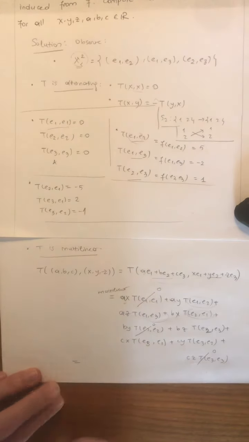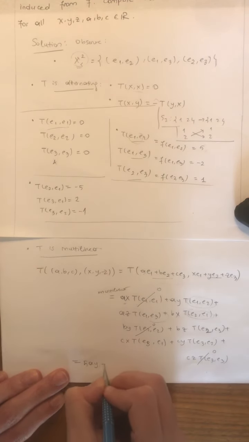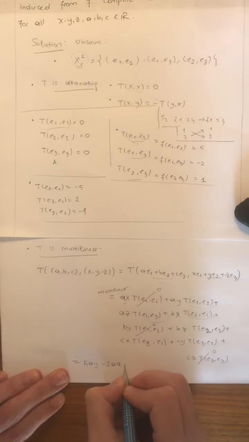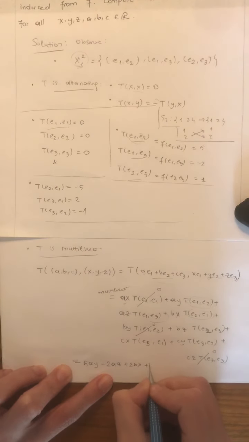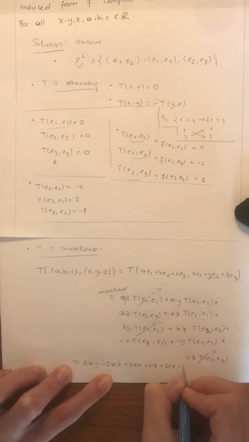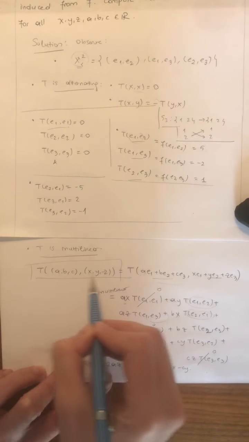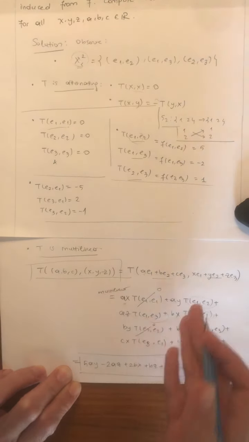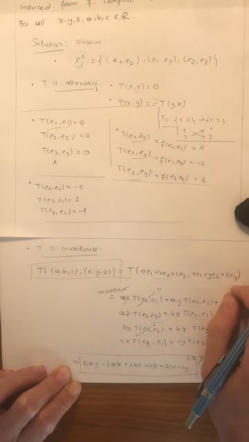So that means finally we get the expression 5AY minus 2AZ plus 2BX plus BZ plus 2CX minus CY. So we can determine the images of these two vectors like this. So this multilinear alternating map T is determined by this equation.